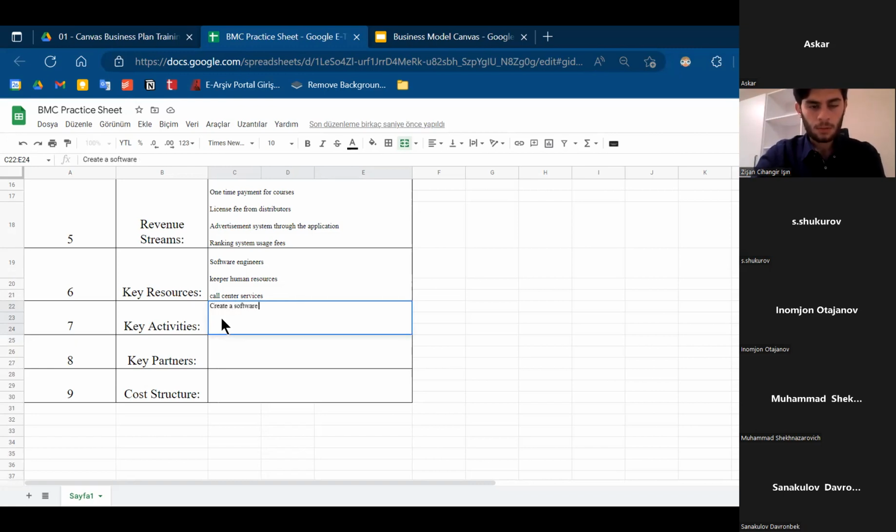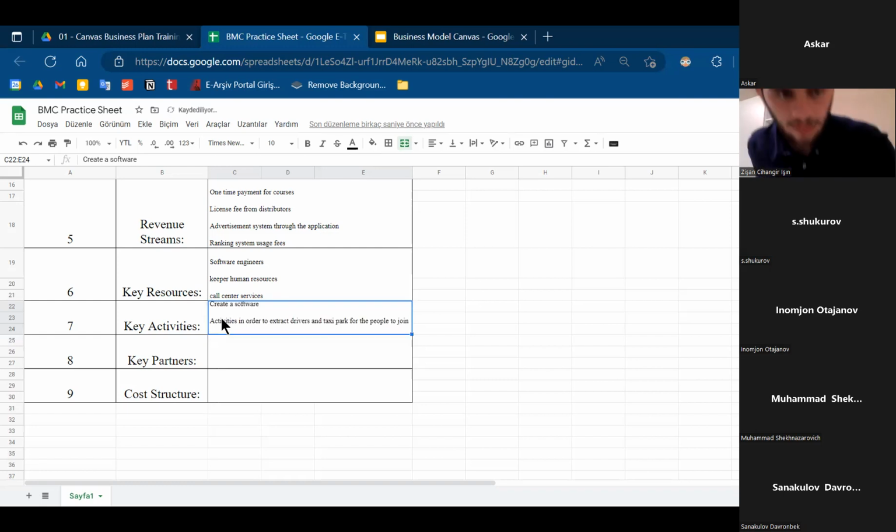Create a software and we have to do activities in order to attract drivers and taxi parks, or the people who own drivers, to join us. How to say it? Plug in or something else?